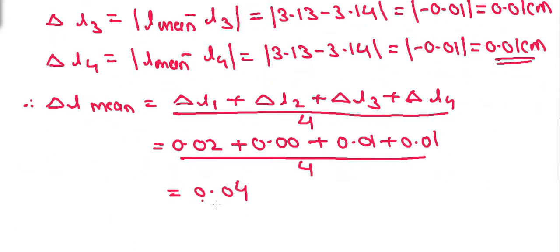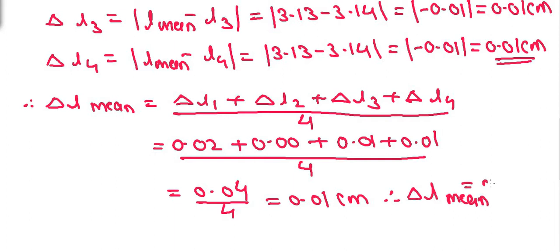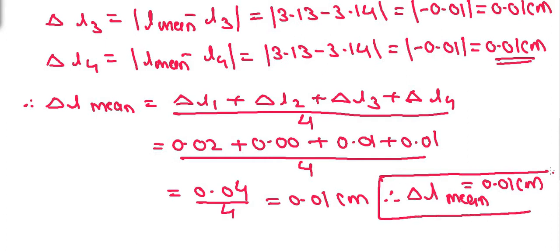Therefore, 0.04 divided by 4, that is equal to 0.01 centimeter, and so we got this delta L mean, that is mean absolute error, is equal to 0.01 centimeter. So this is the second answer that we got.